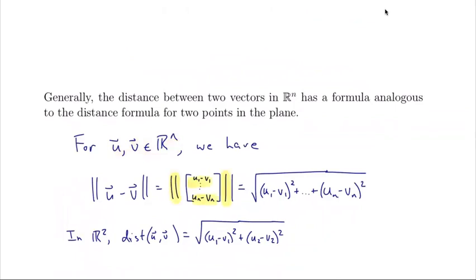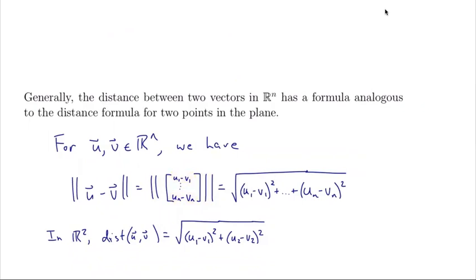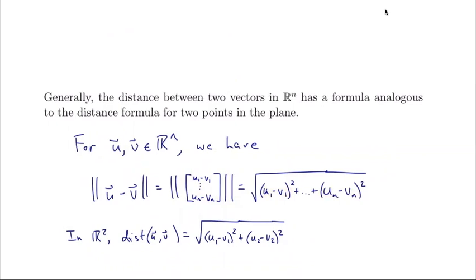So I've done my entry-wise differences for u minus v as vectors. Then when I take the norm or the length of such a vector, it's this entry squared plus the next entry squared down to this entry squared. And that looks like the following: the set of squared differences from 1 up to n of these entries.